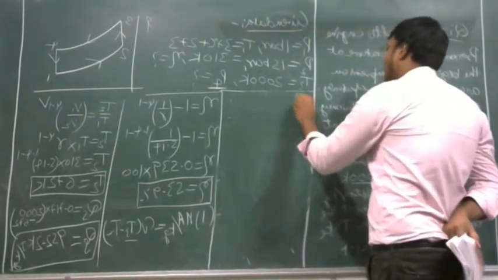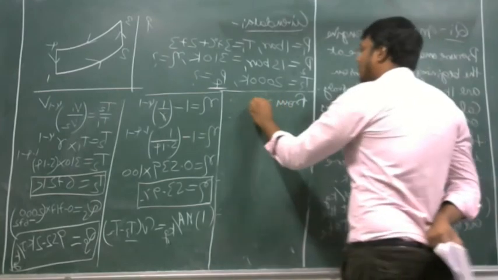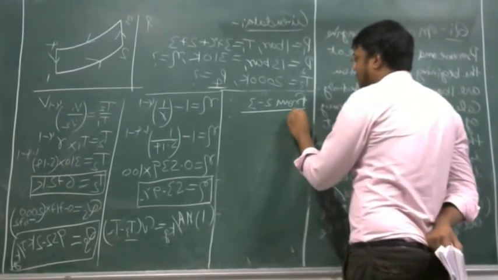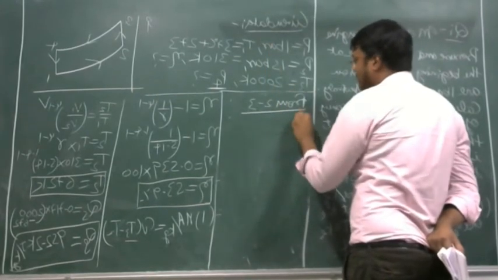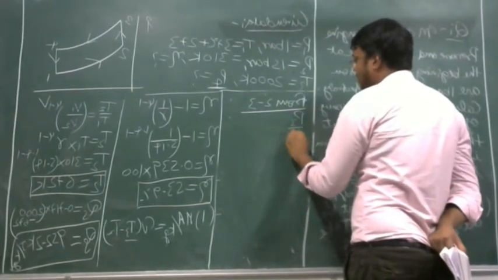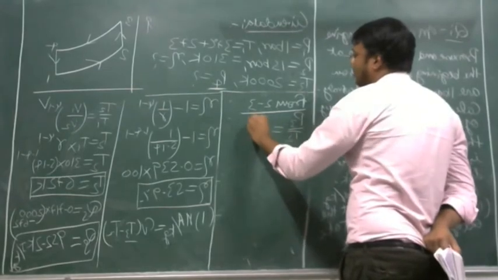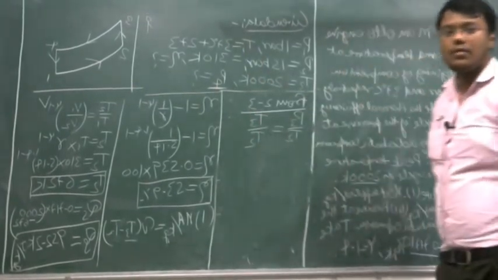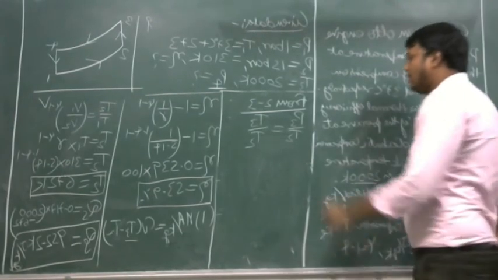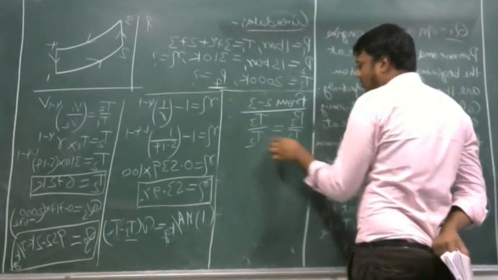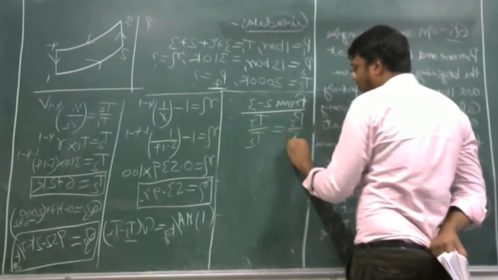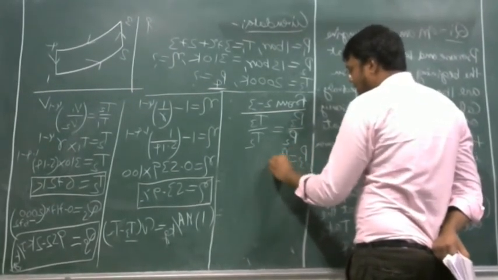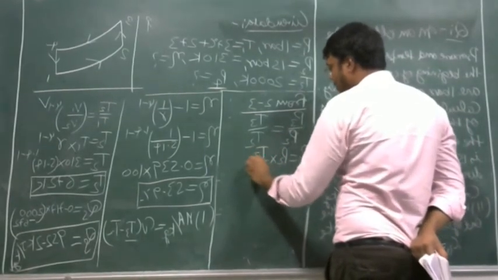So from 2 to 3, we need to evaluate the value of P3. Because it is a constant volume process, this formula will apply: P3 by P2 equal to T3 by T2. We know the values of T3 and T2.